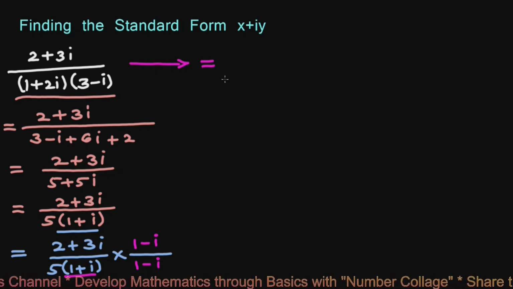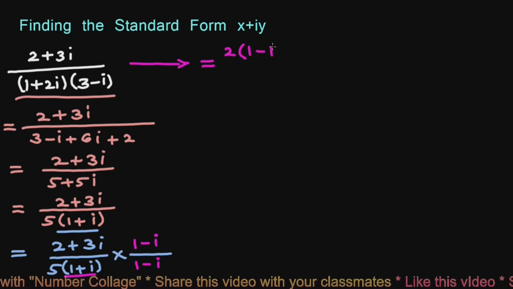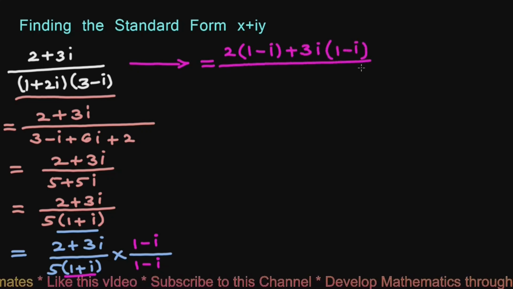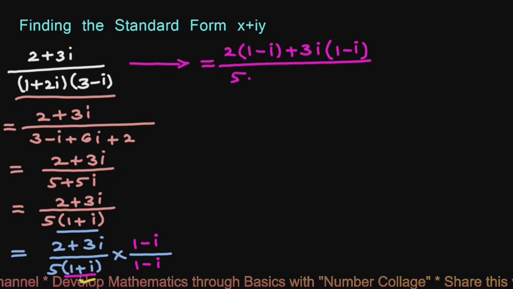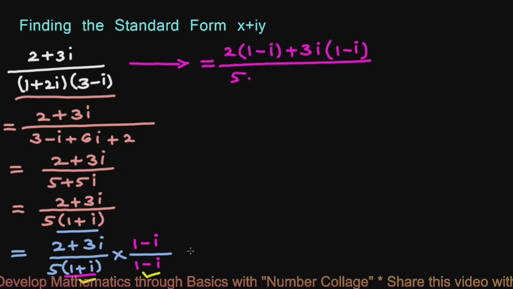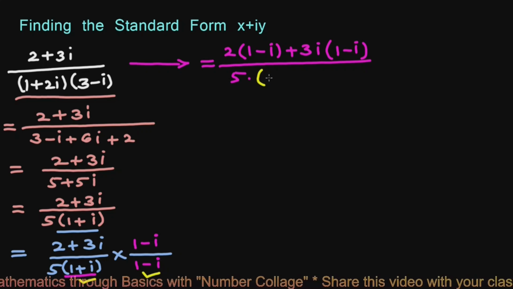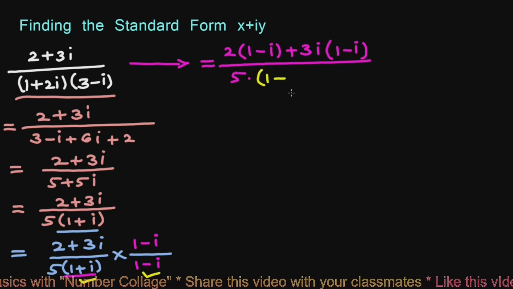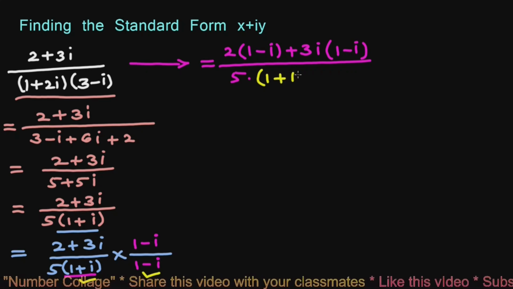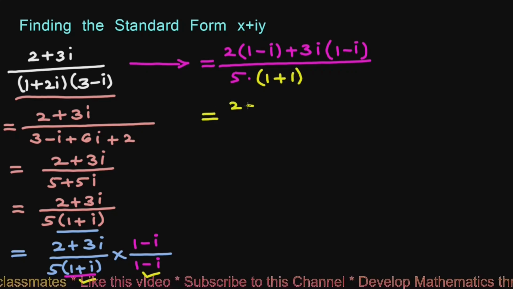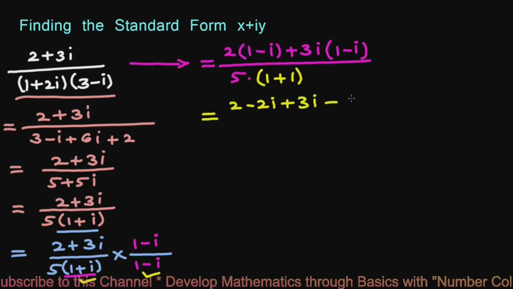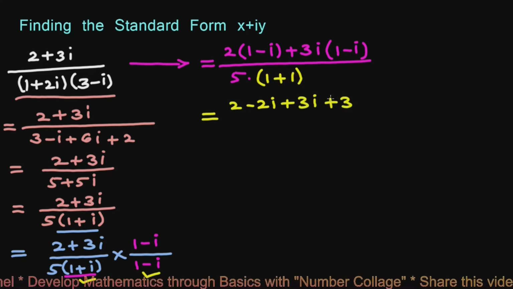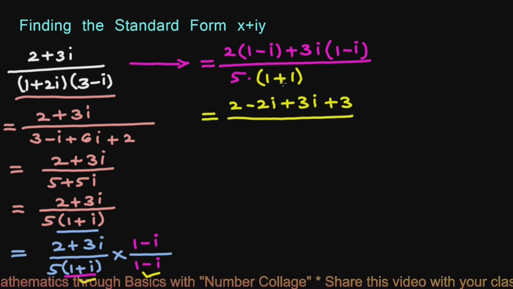In the numerator, 2 into (1 minus i) plus 3i into (1 minus i), upon 5 multiplied by this (1 plus i) multiplied by (1 minus i), which will be 1 square, that is 1, minus i square, that is minus 1. So this will be 1 plus 1 equals 2. Minus 2i plus 3i minus 3i square, but since i square is minus 1, this will be plus, upon 5 twos are 10.